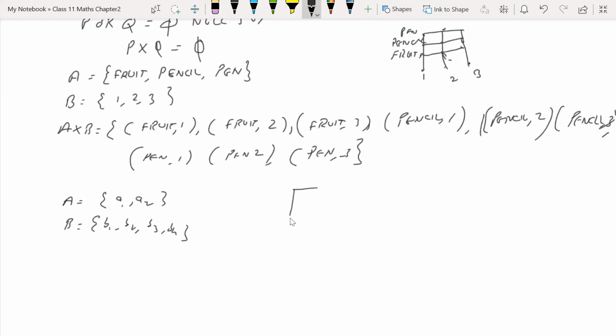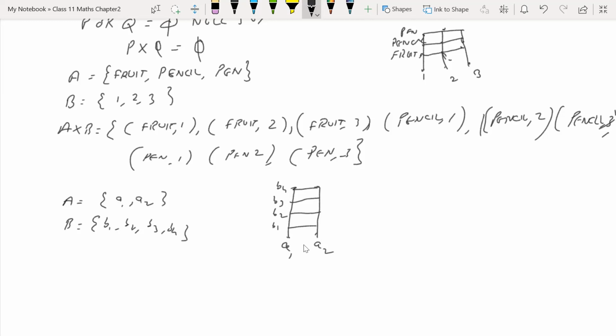There are 2 objects in set A, A1, A2. B's elements are here: B4, B3, B2, B1.